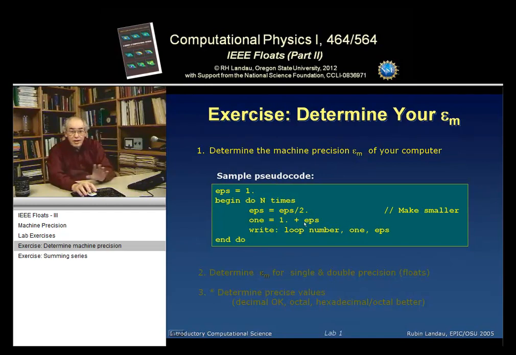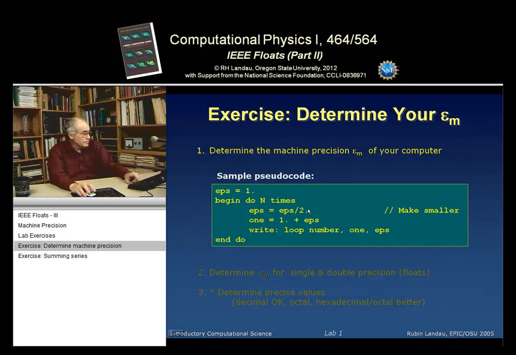So at some point, when your computer is printing out to all the precision for a single or a double that you have, you'll see that the number the computer has stored as 1 will actually be 1. And then at that point, you know that epsilon is machine precision, at least within a factor of 2, because that's all we're doing here, dividing by 2.